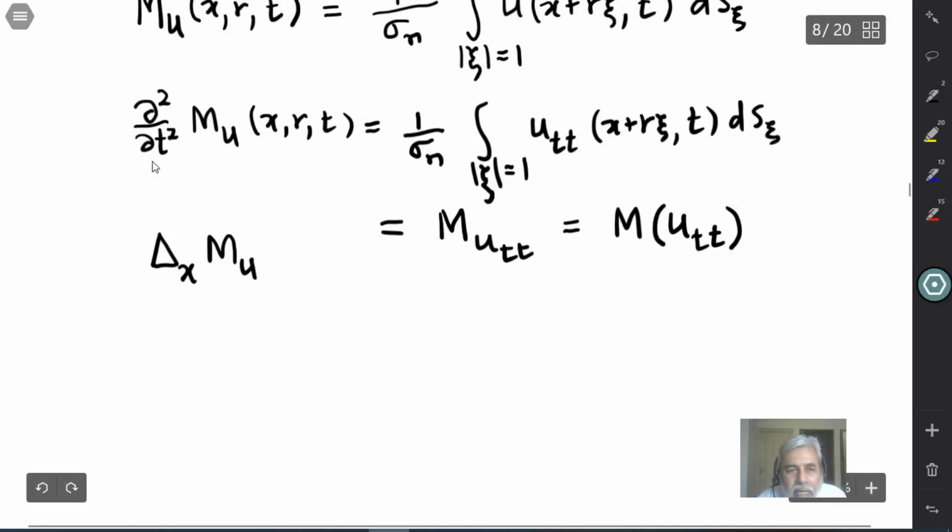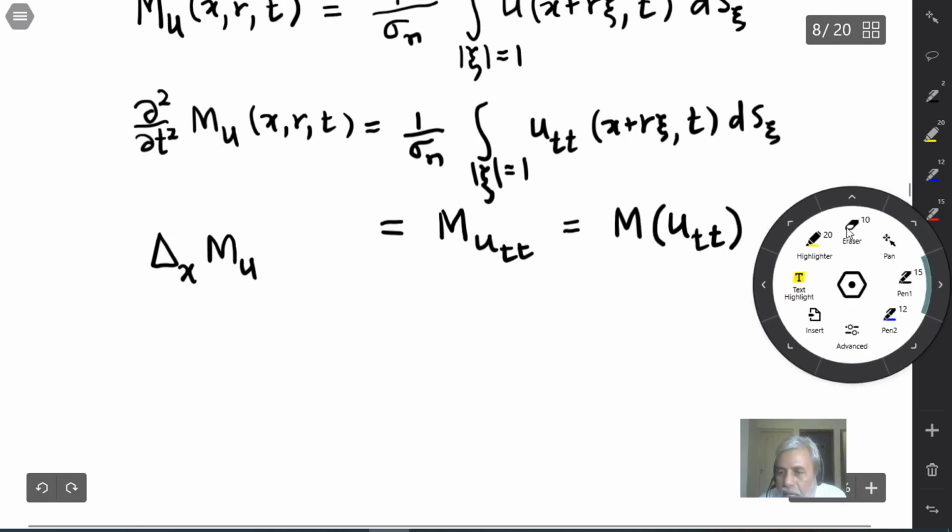The second derivative with respect to the t variable of the spherical mean function is the same as the spherical mean function of the second derivative of u with respect to t. That's what it says.